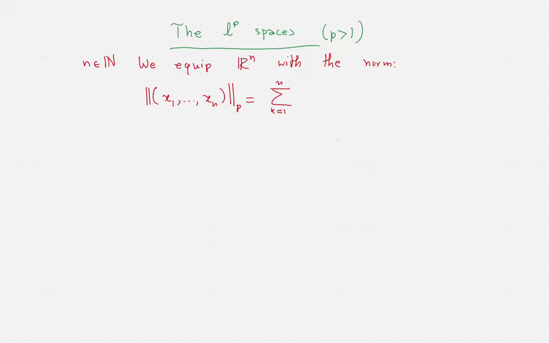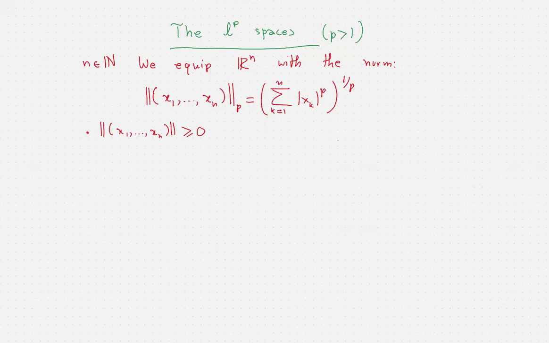And of course, we need to ask ourselves why this is a norm. So let's check the properties. The first thing that we need to check is that the norm of any element of Rn is greater than or equal to 0. Okay, that's obvious because we're taking a sum of absolute values and then a certain power of it.